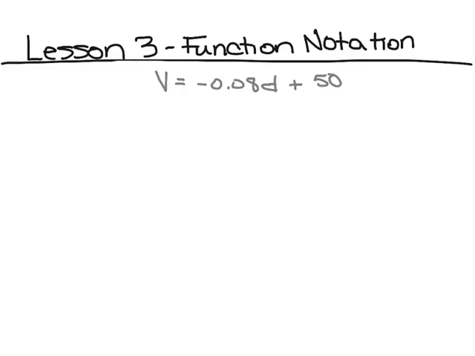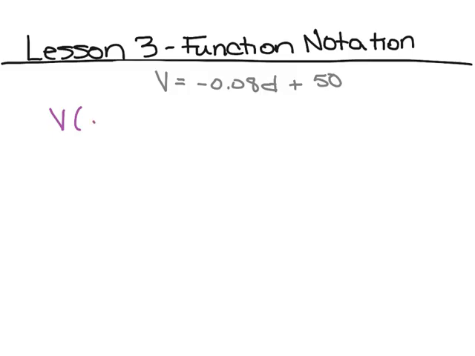The next example. We have the equation v is equal to negative 0.08d plus 50, representing the volume, v liters, of gas remaining in a vehicle's tank after traveling d kilometers. First we want to write this in function notation.